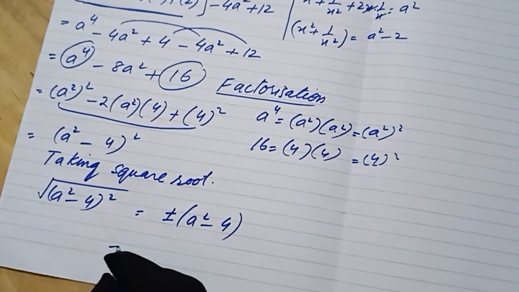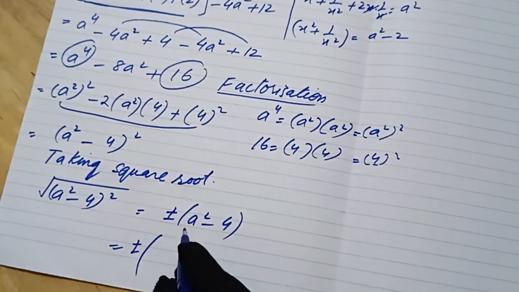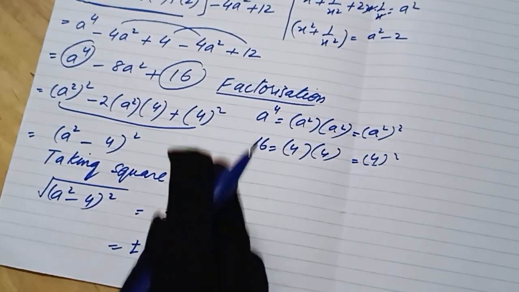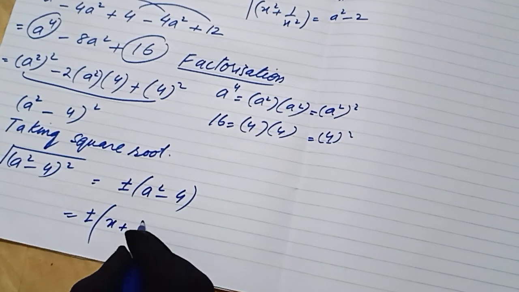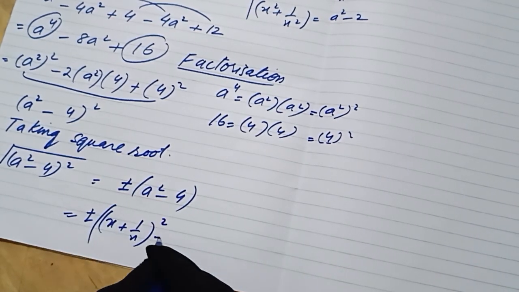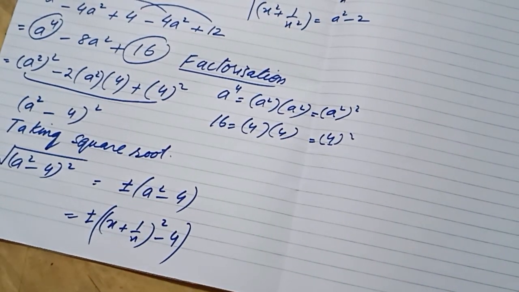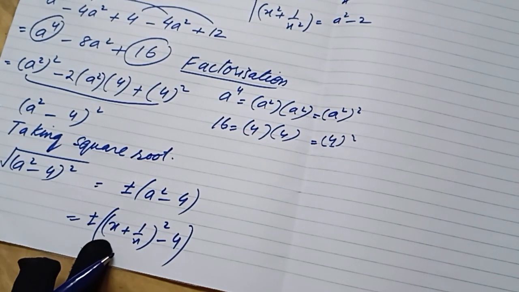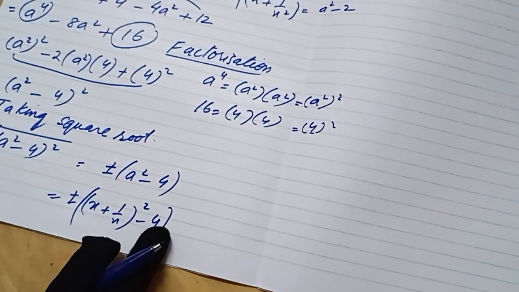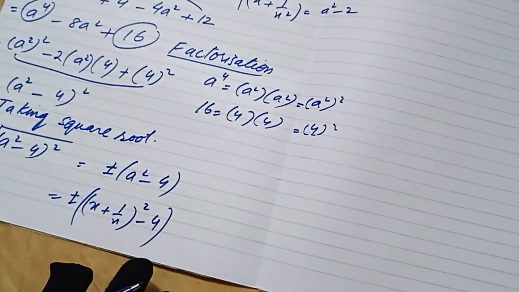Now we can replace the value. What is the value of a? That is x plus 1 over x from here. So x plus 1 over x whole squared minus 4. This is our final answer, whether you open this one or just keep it as it is. So this answer can be written in the same form.